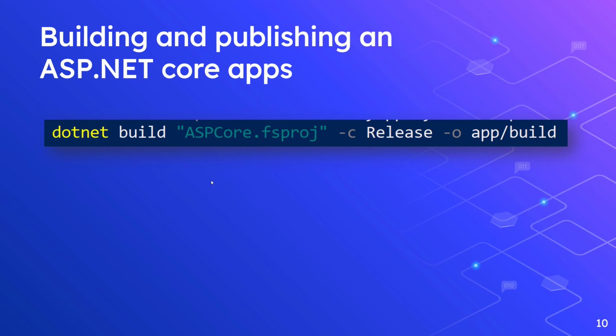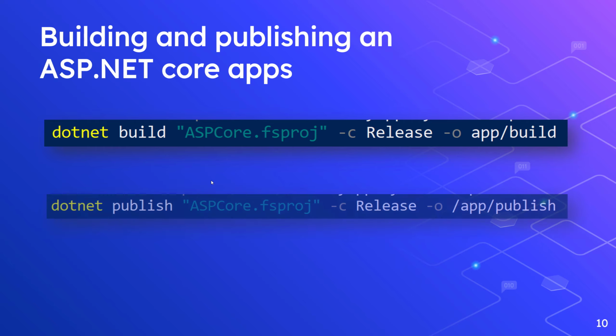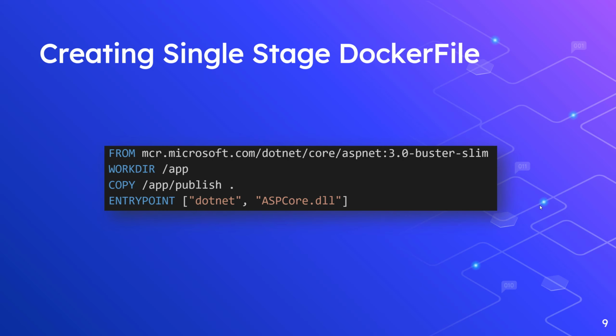And then we need to release this application using the publish command of .NET, which is nothing but dotnet publish ASP.core.fsproj -c release -o /app/publish. So this is the place where the application is going to sit. Maybe the slash is not required, it's just app/publish. Once you publish this, you can then use the Dockerfile to actually create a Docker image and run that. So this is how you can work with a single stage Dockerfile.